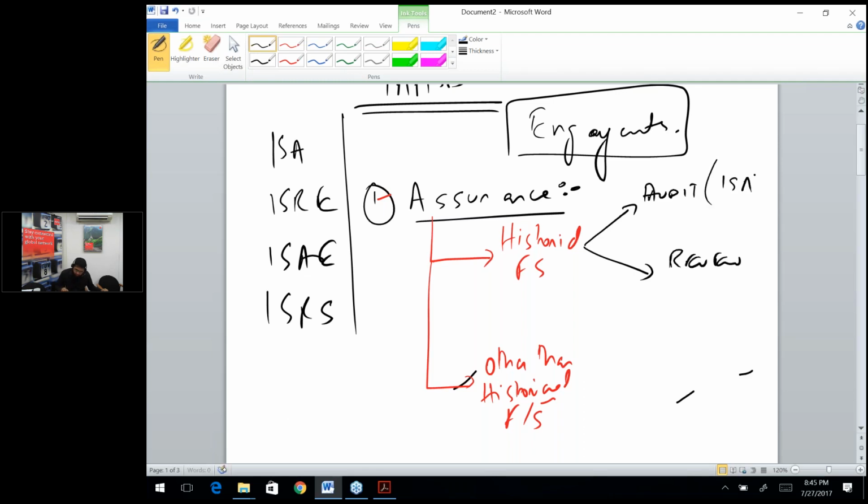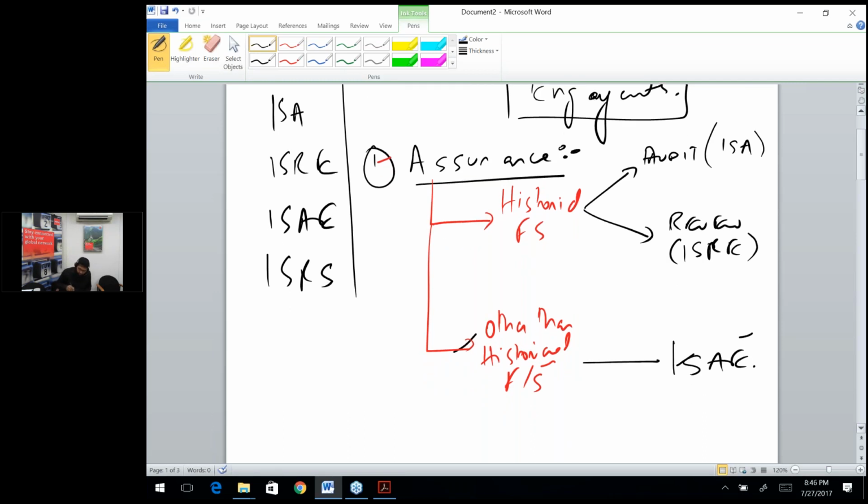An audit engagement is done using ISA. The review engagement is done using ISRE. And if we talk about other than historical financial statements, on such engagements ISAE, the International Standards on Assurance Engagements, applies. I will discuss what exactly these various types of engagement are.